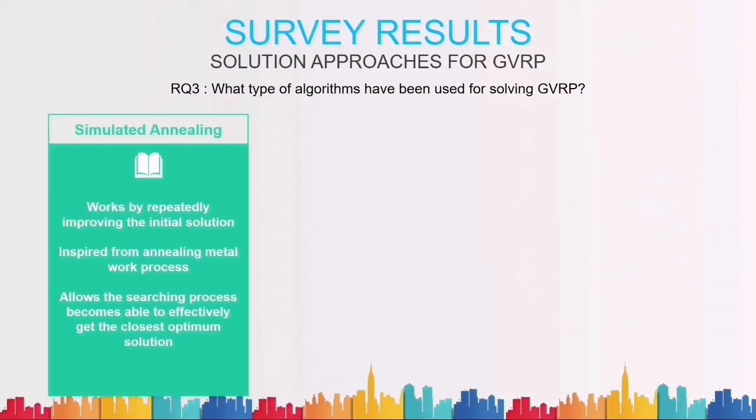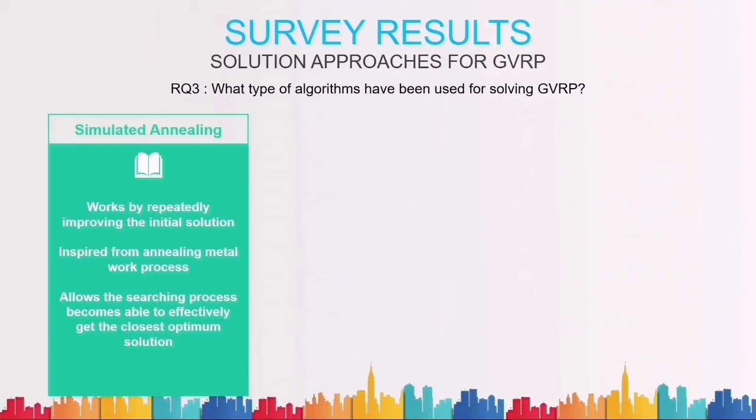Simulated annealing is a meta-heuristic algorithm used to overcome combinatorial optimization. It works by repeatedly improving the initial solution by implementing small local changes until no further improvement can be made or the final condition is met. Simulated annealing is inspired by the annealing metal work process, to alter and change the structure, heat and cool the material.